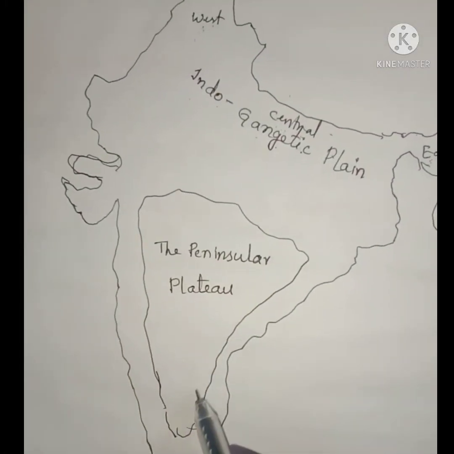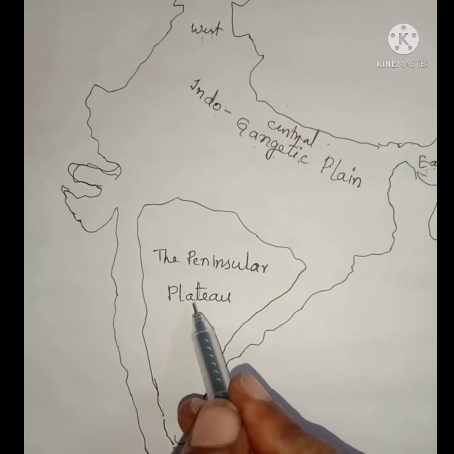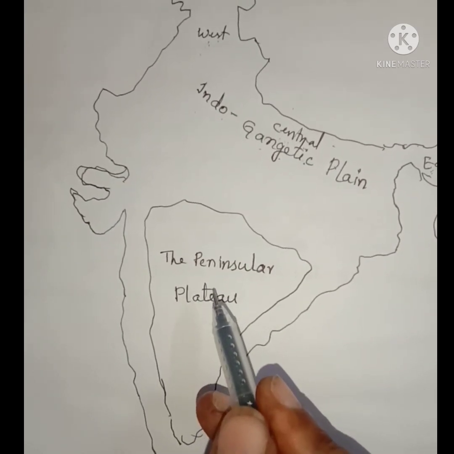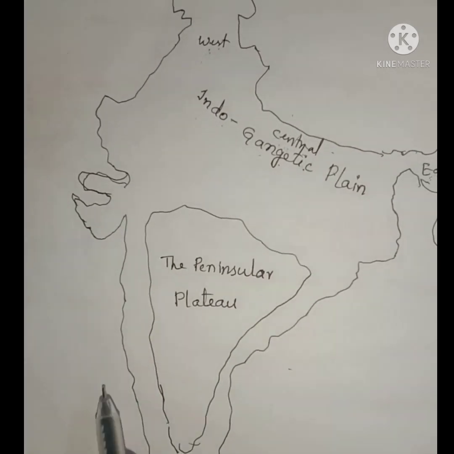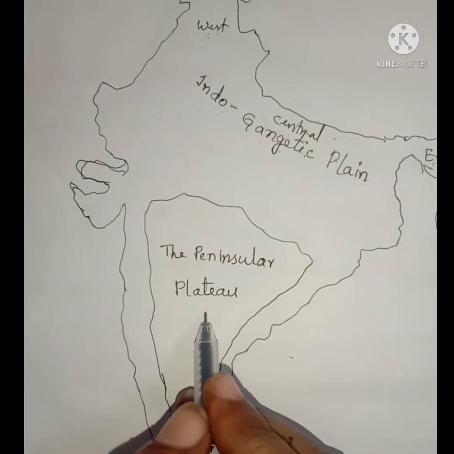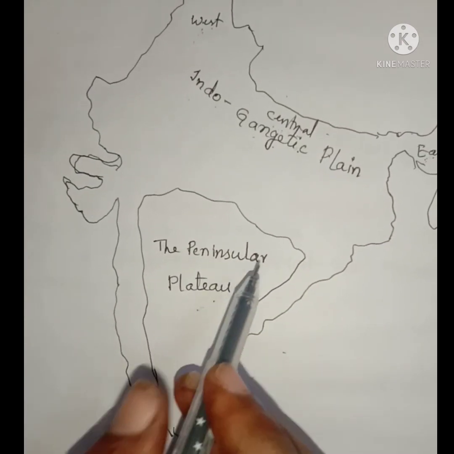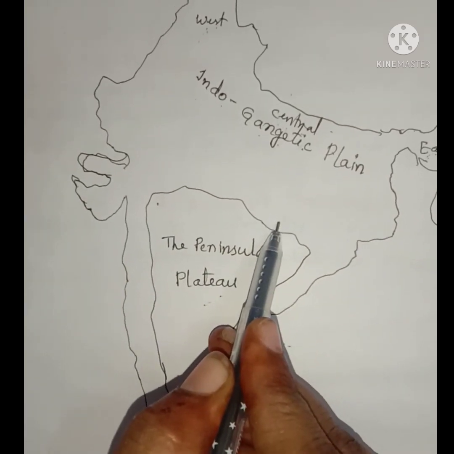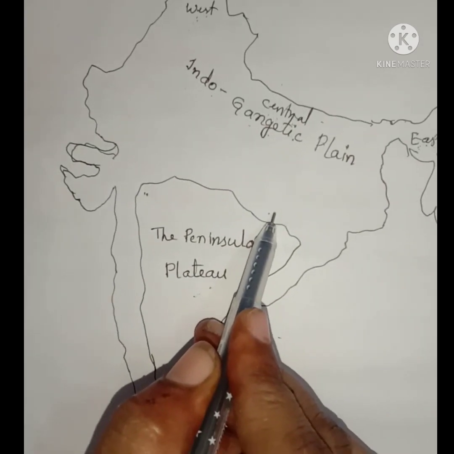The Peninsular Plateau. The Indian Plateau is also known as the Peninsular Plateau as it is surrounded by seas on three sides. The Peninsular Plateau consists of two broad divisions, namely the Central Highlands, with the Malwa Plateau, and the Chota Nagpur Plateau.